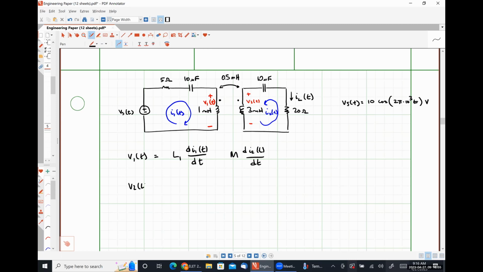And V2 will be plus or minus L2 di2 by dt plus or minus m di1 by dt. So what signs should these things get? I believe they will all be positive.